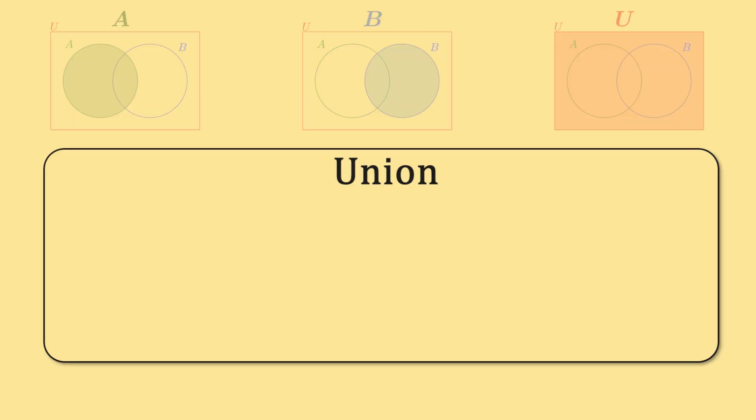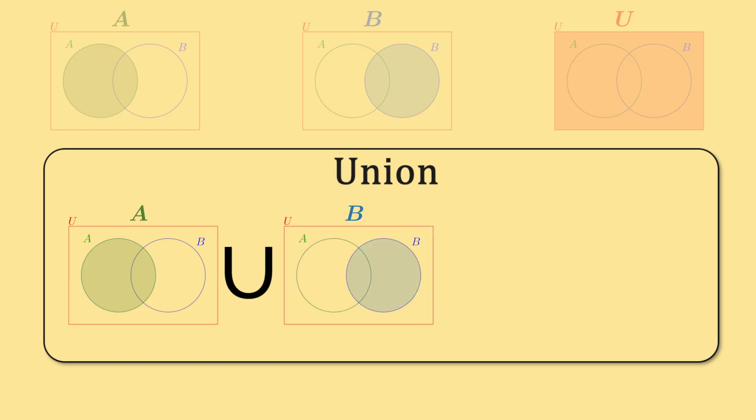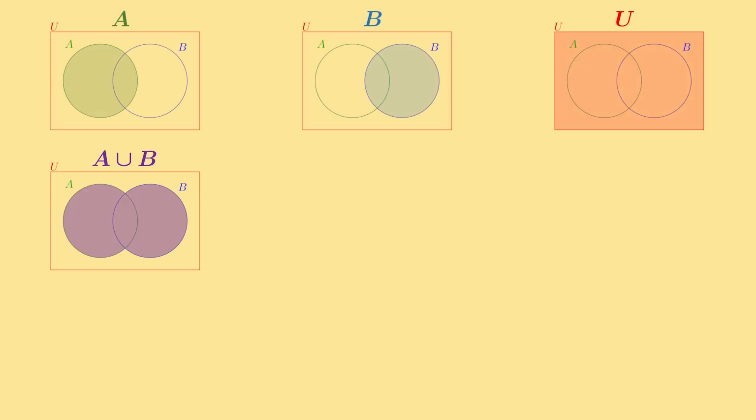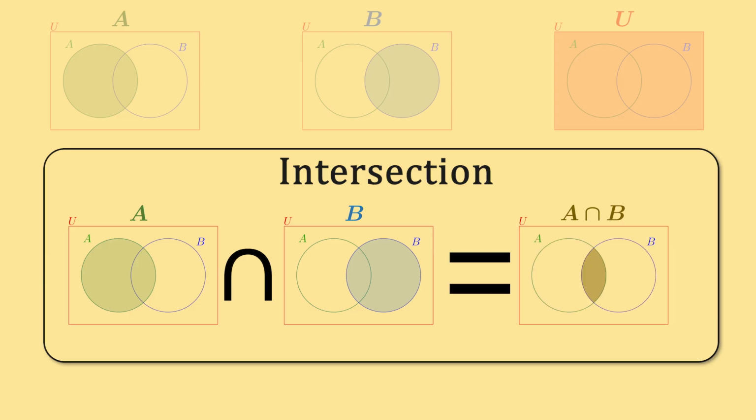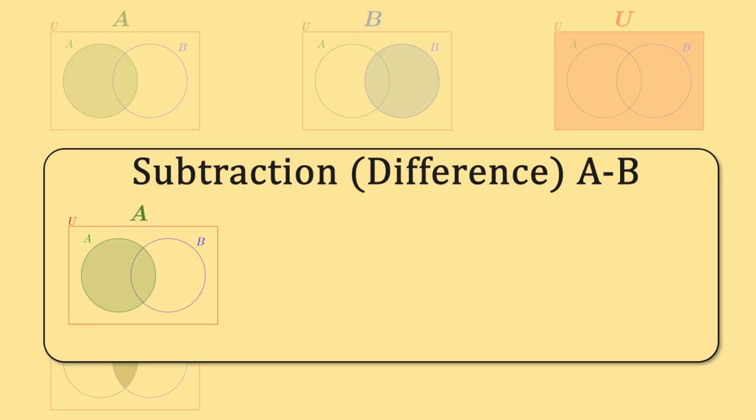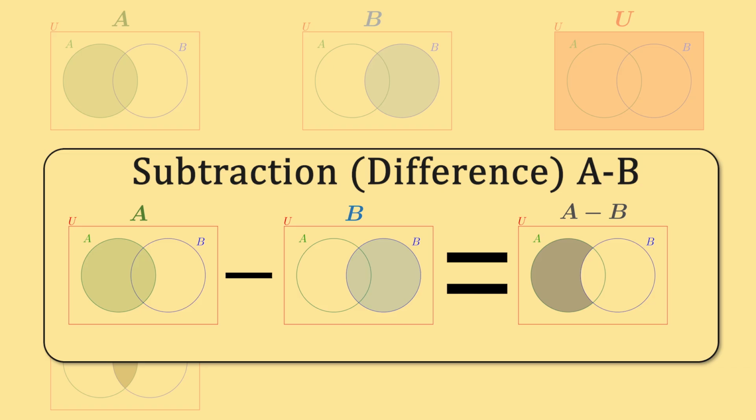The union of set A and set B would contain everything in both circles, which ultimately ends up being this entire area here. The intersection of set A and set B would contain the shared elements of set A and set B. In the diagram, the overlap of these two circles would represent the intersection of set A and set B. The difference of set A and set B would be all the elements in set A excluding the elements from set B. So we would drop the overlapping section and be left with this shaded area.